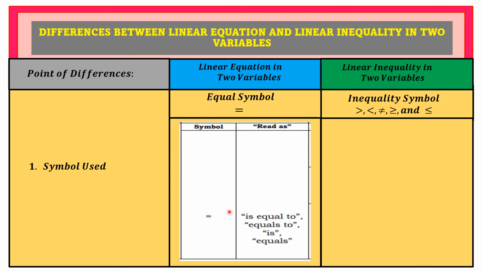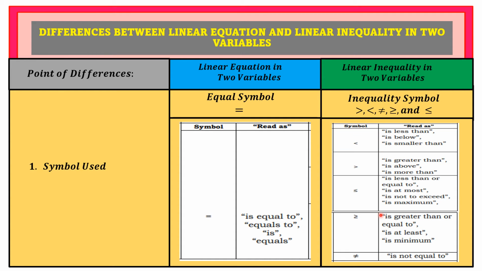Ayan. So, take note that this symbol can be read as is equal to, pwede ring equals to, pwede ring is, or pwede ring equal. So, maraming paraan para basahin yan, depende sa statement. On the other hand, kapag inequality naman, yung ganitong symbol, we can read that as is less than, is below, or is smaller than.